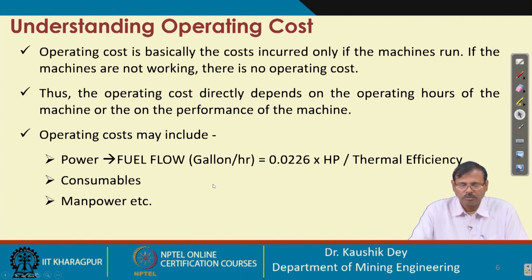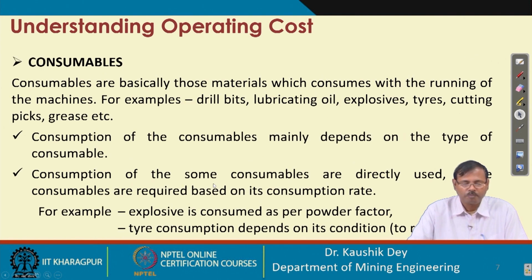Now, let us go to the consumables. Consumables are those spares or parts which are consumed with the run of the machine. The machine will be consumed over its life, but the frame and so on are not damaged significantly, depending on the workings.